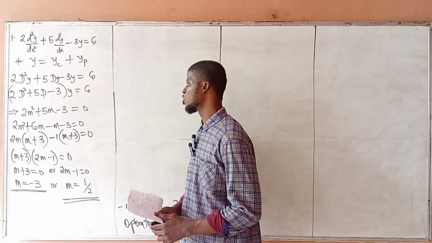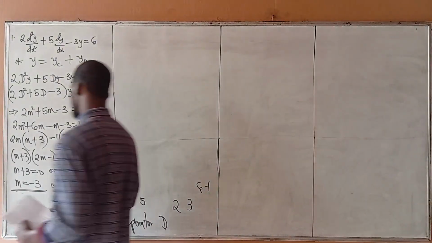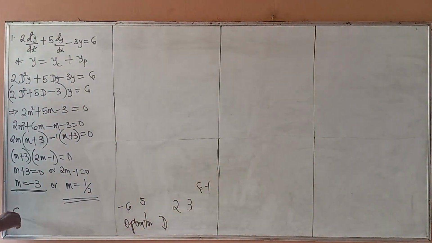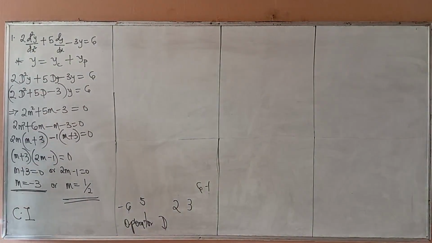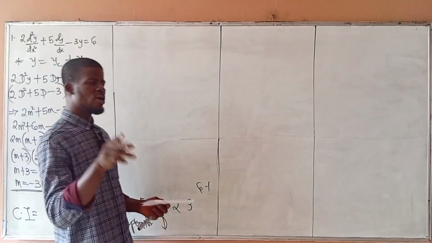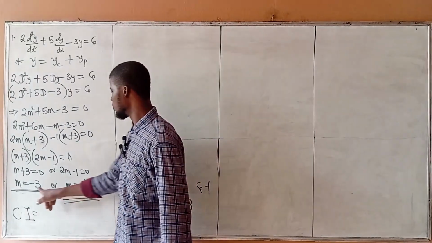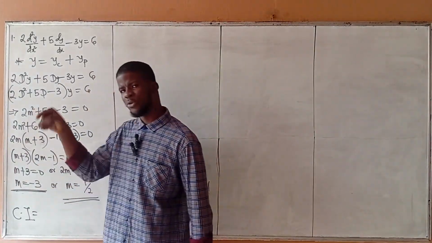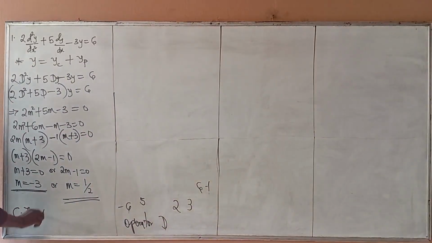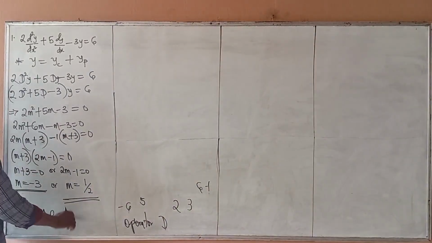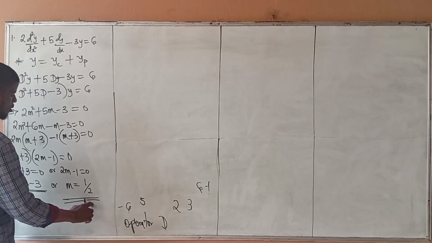The next step is to determine the complementary function. Let me use Yc. Remember, when the two roots are real numbers and they are different, the format says the complementary function is equal to A e to the power of alpha x plus B e to the power of beta x.